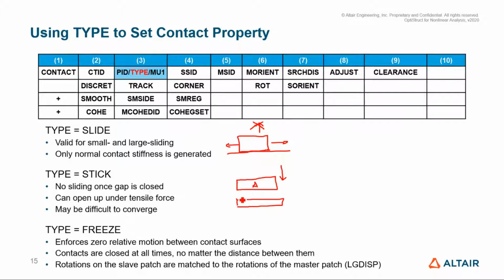After contact is established between them, this part can no longer separate. Imagine there's a glue here that sticks the two parts together. After you have pasted them together, you cannot separate the parts out. So that's sticking here, right?